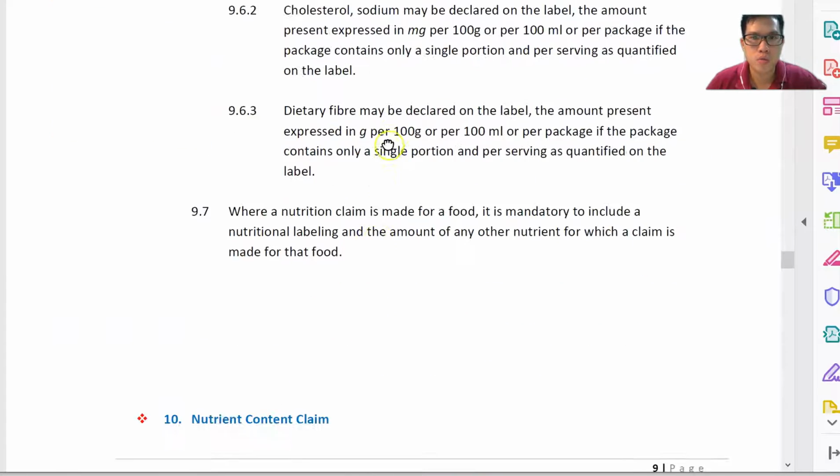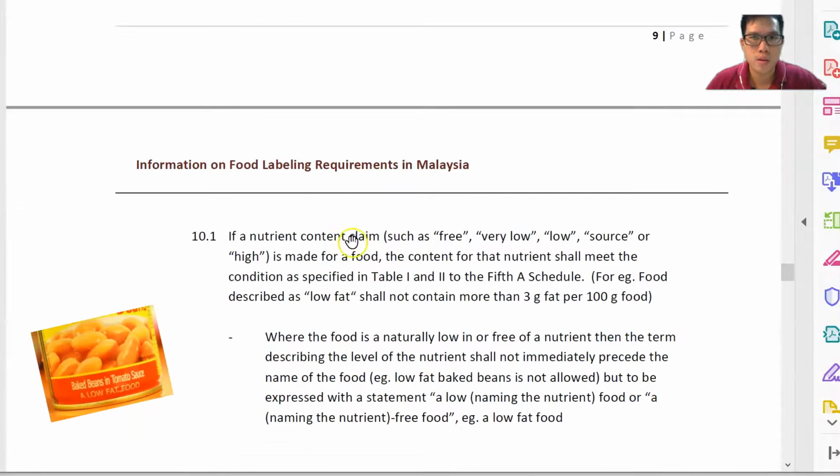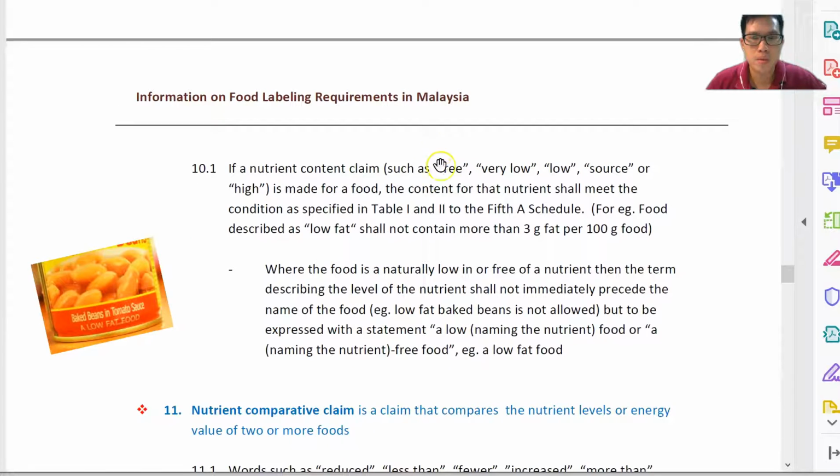Then all these are nutrition labeling. Nutrient content claims. All this is very important as well, because if you want to say fat free or very low fat, it cannot be deceiving the consumer. For example, if you are serving a salad, a vegetable, you say that it's a low fat food.